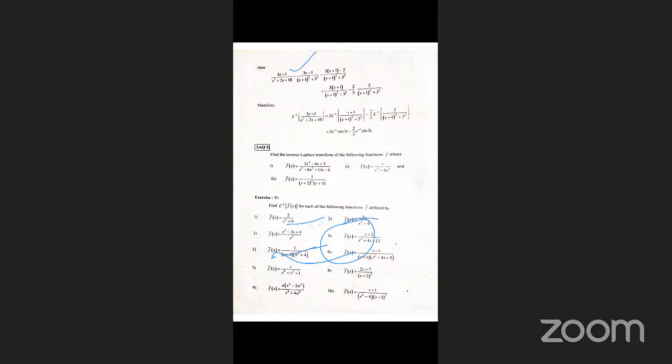Here, in the denominator s square plus 2s plus 10, we can write 1 plus 9. Again, that 9 we can write as 3 square. Using a square plus 2ab plus b square, we can write 3s plus 1 by (s plus 1) whole square plus 3 square.